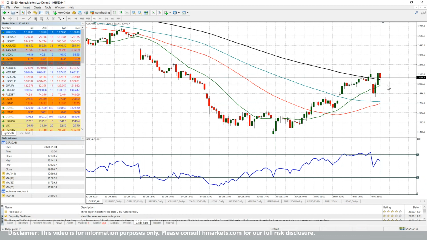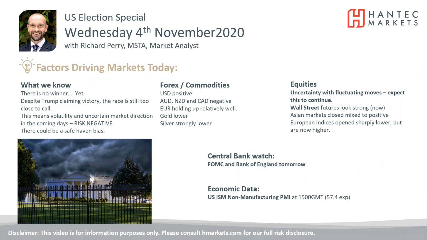But at the moment, markets are so uncertain that they're flying all over the place, so just be mindful of that. I think the net trend is going to be the DAX falling over in the coming days, as this uncertainty continues to play out. And until we get a positive outcome from the election, I think we could see the DAX remain under a little bit of pressure.